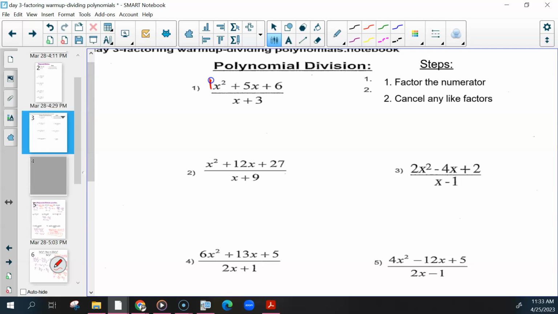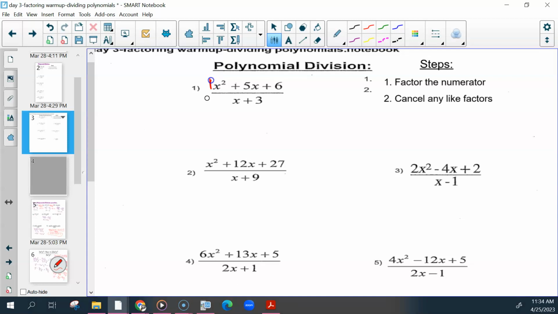This is a basic trinomial where a equals 1. Anyone remember what the rule is for that type of trinomial? And you will need to know the difference between these.